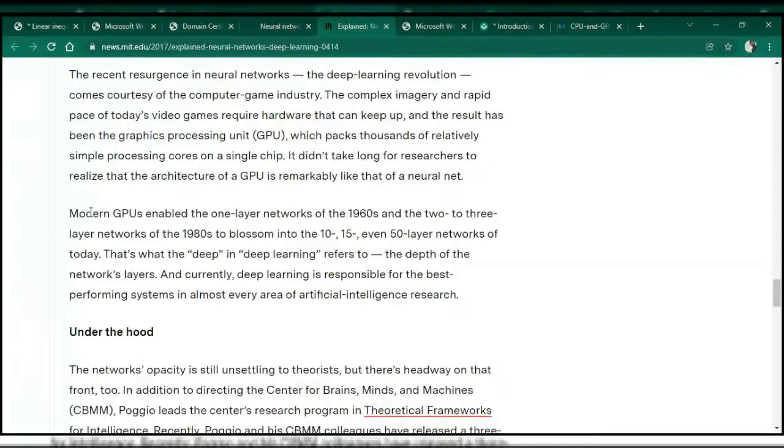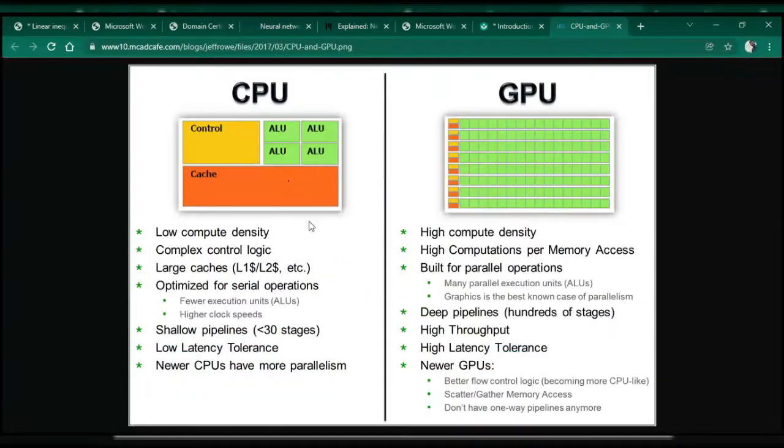Modern GPUs enabled neural networks with more layers: from one layer in 1960, to 2 to 3, then 10, 15, and now even 50 layers. 50 layers means it is able to differentiate 50 features. Like if you gave an orange, the CPU with 4 cores will find out: is it a sphere? Is it orange in color? Is it healthy?